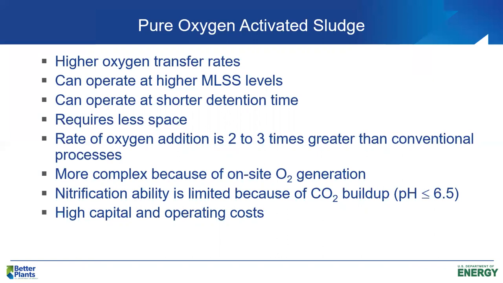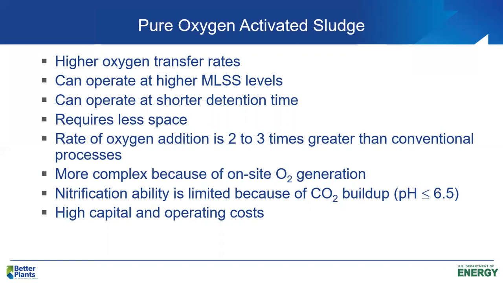It's a complex operation because, again, large cities typically use these, and generally it's more cost effective to generate the oxygen on site rather than truck it in. But if you have to nitrify, pure oxygen is not the process for you. It's difficult to nitrify efficiently in a pure oxygen system because of the short hydraulic detention time, the short sludge age, and also because of the relatively low pH.